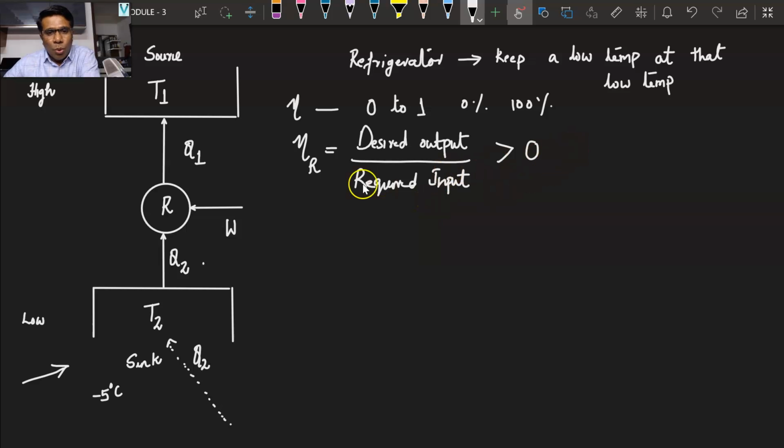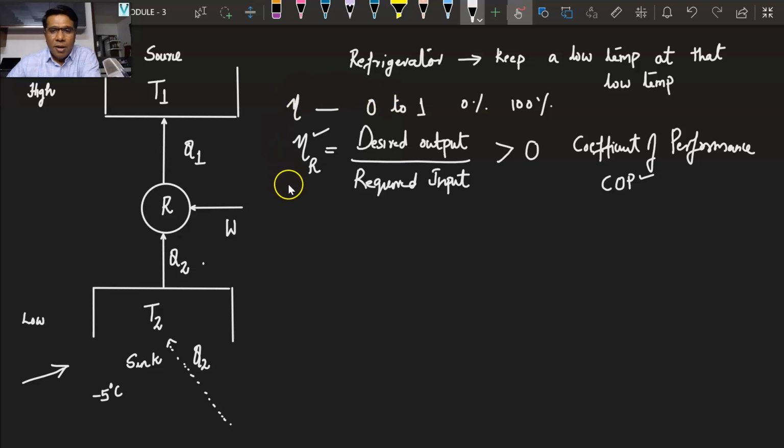Therefore, I am going to introduce a new term, which is called the coefficient of performance, or in short form, COP. Now COP is exactly the same as efficiency. The only thing is that when I use the term efficiency, I normally believe that it can go only up to 100%. So we are going to use an index called coefficient of performance to denote the efficiency of the refrigerator.